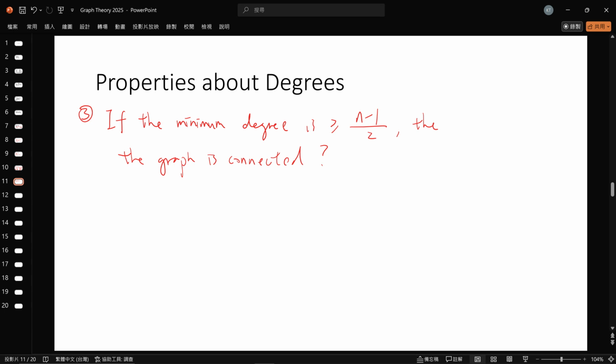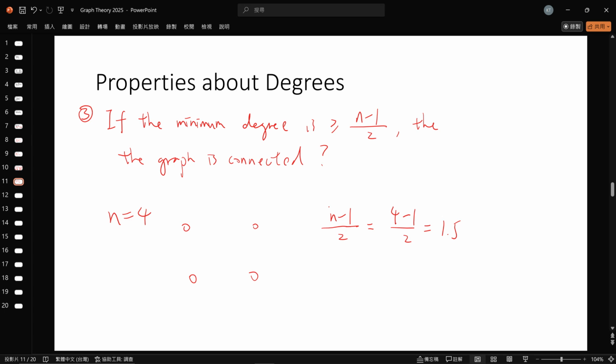Again, you can try some examples. So for n, let's try again, n equals 4. So n minus 1 over 2 will be 1.5.